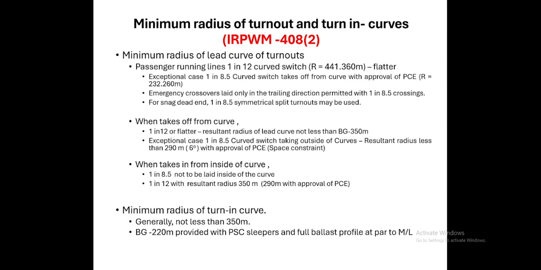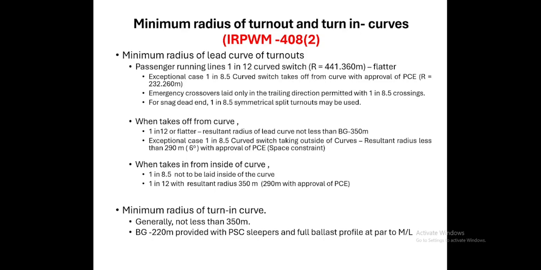But in case of contraflexure, when the point is on a curve and the turnout side takes off away from the main line, it will form a contraflexure. In that situation we can provide 1 in 8.5, that too with the approval of the Principal Chief Engineer.